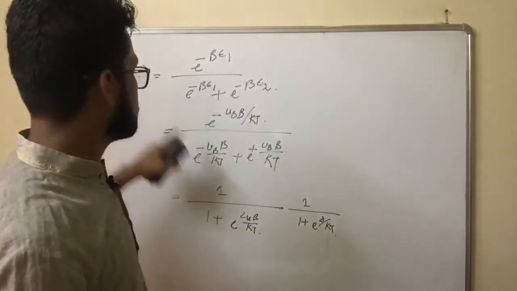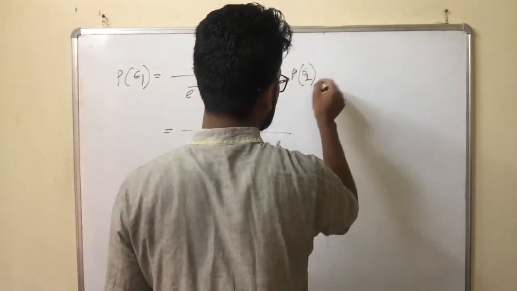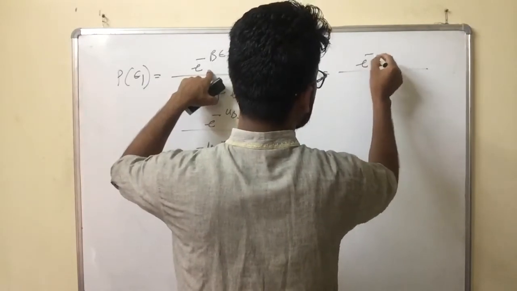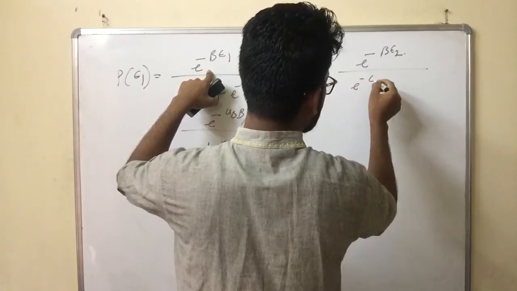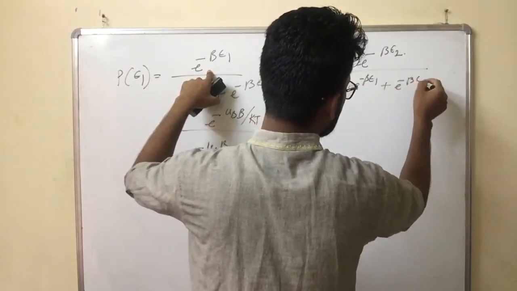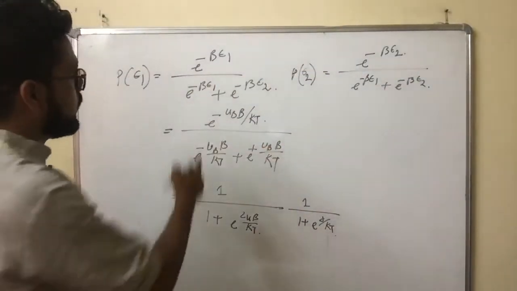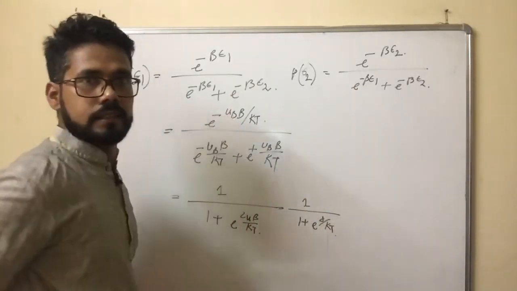This is the probability of the E1 state. The E2 state you can calculate similarly. The denominator will remain the same and only the numerator will be different. And if you add them up, you see this is equal to 1.